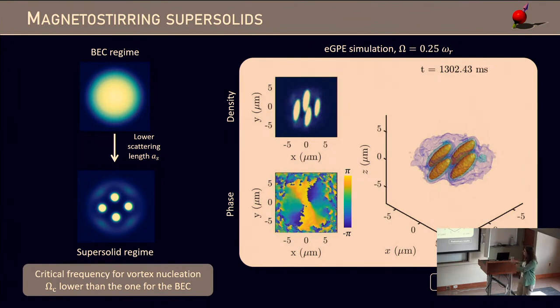One important thing is that the critical frequency to have vortex nucleation is expected to be lower than the one that we have in the BEC, because the energy barrier that the vortex has to overcome in order to be inside the system is lower because of the lower density region in between the droplets. And so, notice that here the frequency, before it was 0.75, is now 0.25.